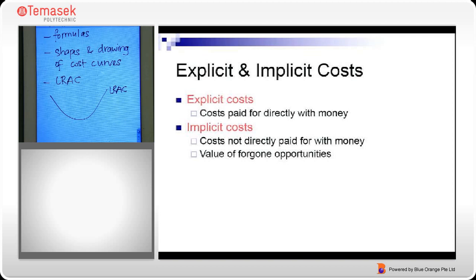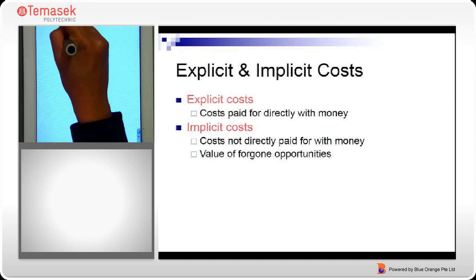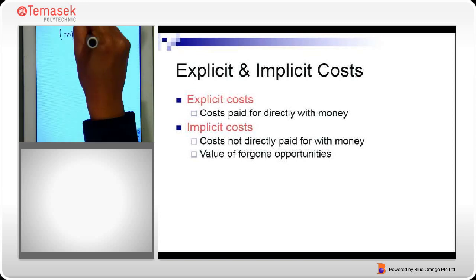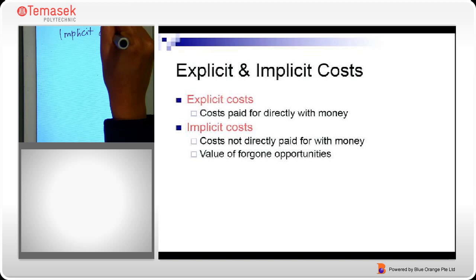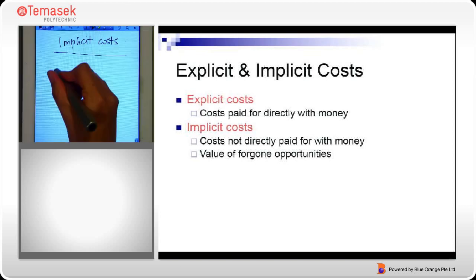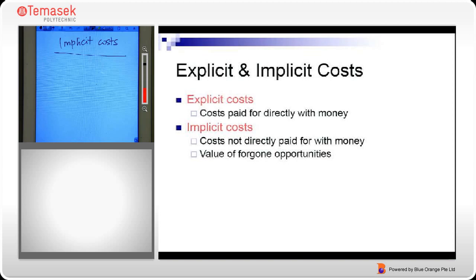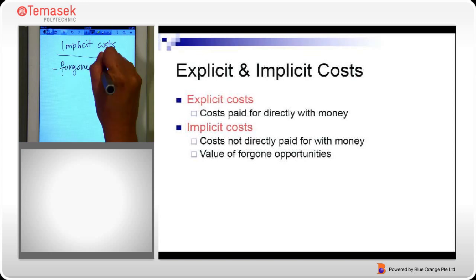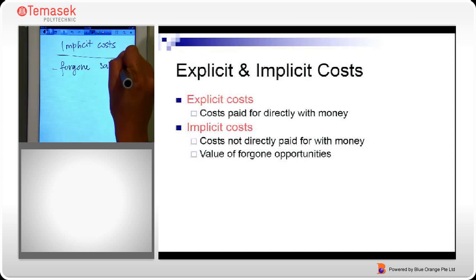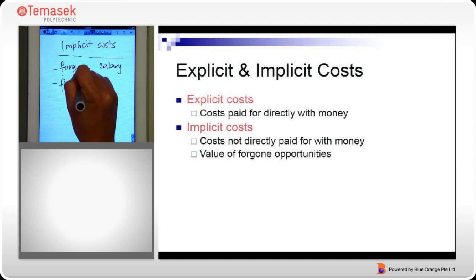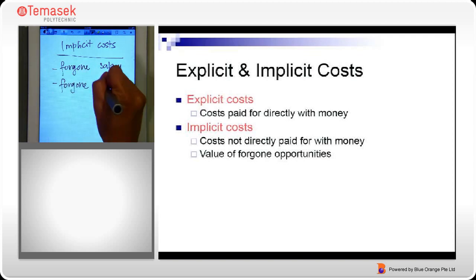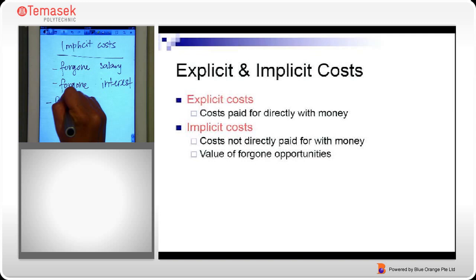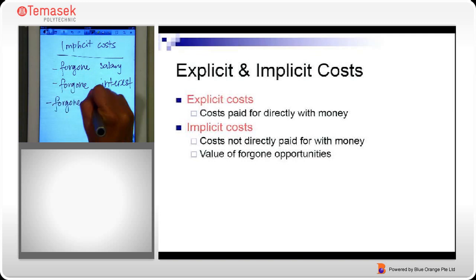Examples of implicit costs that we usually have are foregone salary, foregone interest, and foregone rental.